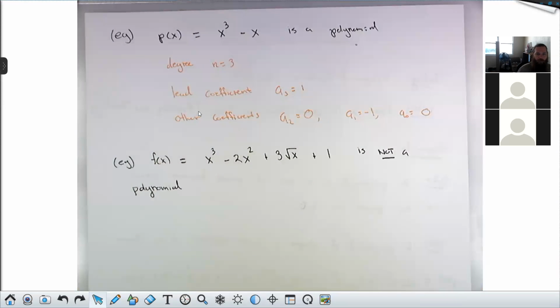It's not a polynomial because it doesn't fit the form of either definition. If you think about the first definition, it says a polynomial is a sum of power functions where all the powers are non-negative integers. This is not a non-negative integer power. Or if you try to fit this into the mold for a degree 3 polynomial, the first power would be 3, then the second power would be 2, then the next power down would have to be 1. But again, this is not an integer power. It's certainly not 1.